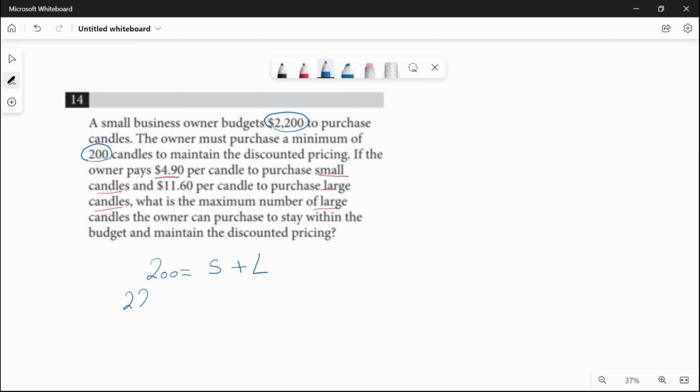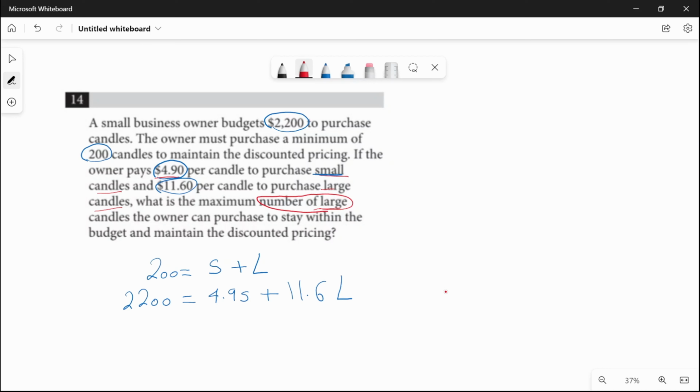So we write $2,200 equal to 4.9 S, because the owner pays 4.9 for each small candle, plus 11.6 multiplied by the number of large candles. Now it asks us to find the value of L, or the number of large candles. So we need to solve for L.